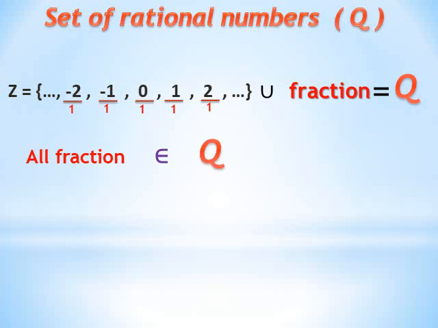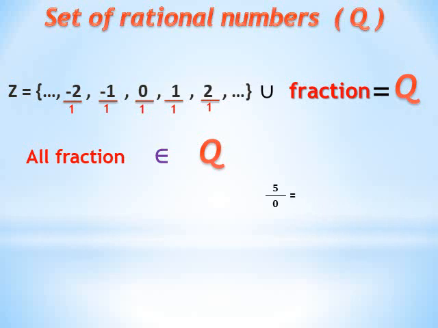That's correct or incorrect? If I say mister, all fraction belong to Q, that's correct or incorrect? Tell me. ده صح ولا غلط؟ الفراكشن كلها موجودة في الكيو. I can convert any whole number to be fraction. ممكن احول اي whole number يبقى fraction. بس ينفع اقول ان كل fraction belong to Q؟ هقول لك لا.